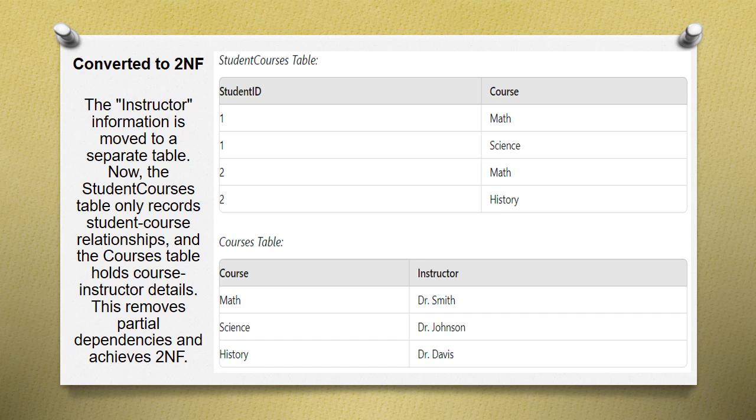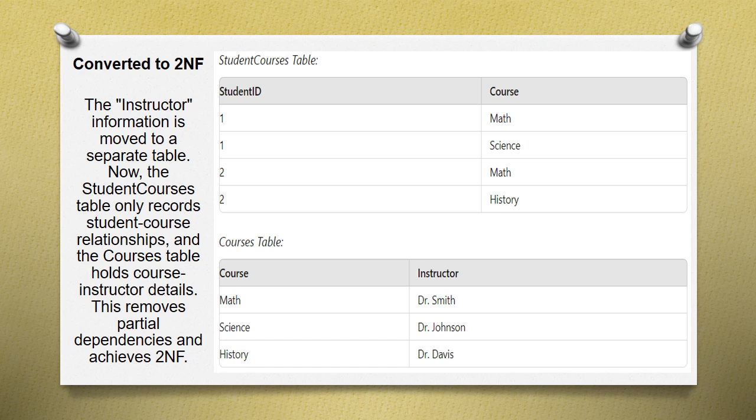In the first table, there is only student ID and course relationship, and in the second table, it is about course and instructor relationship. Now you can see, by decomposing the initial table, we have removed the partial dependency.